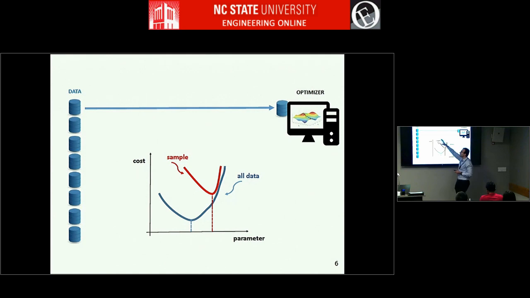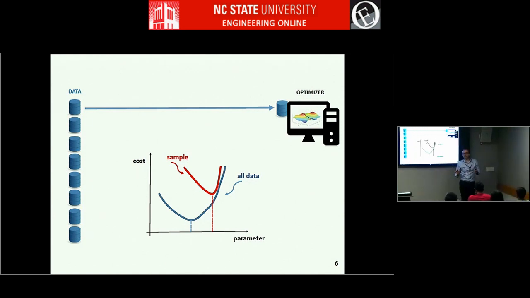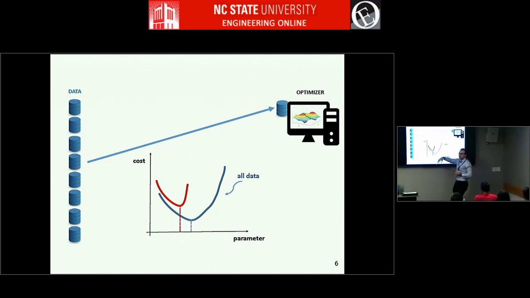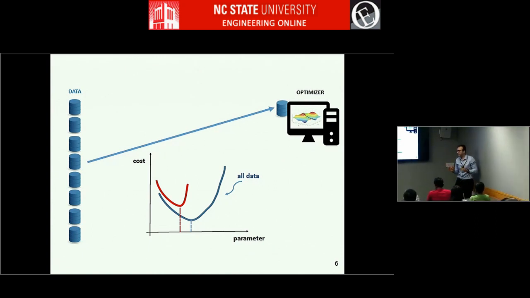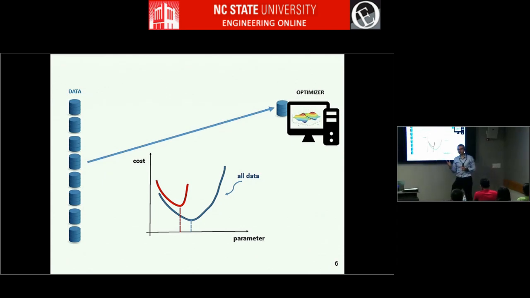And if you haven't seen the rest, you have no idea how the other ones will look. So if you take this one instead, maybe it will be this. If you take another one, it will just jump around. And in general, there could be no guarantee how the next data batch will give a cost function to you, right? It will be totally uncertain.